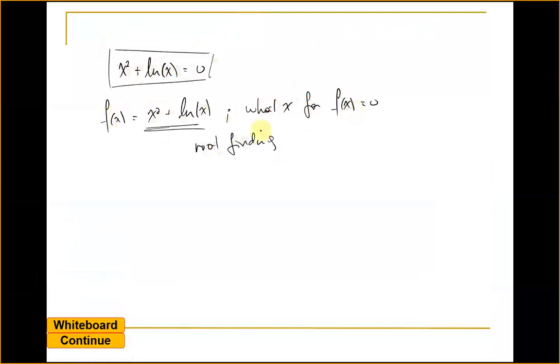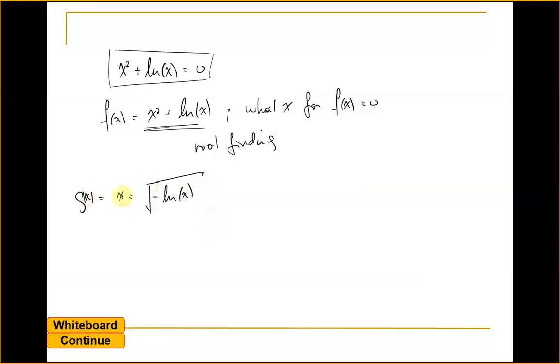Okay, but the alternative would be if I had solved for one of these. I could, for example, say x equals the square root of negative natural log of x, and we call this g of x.